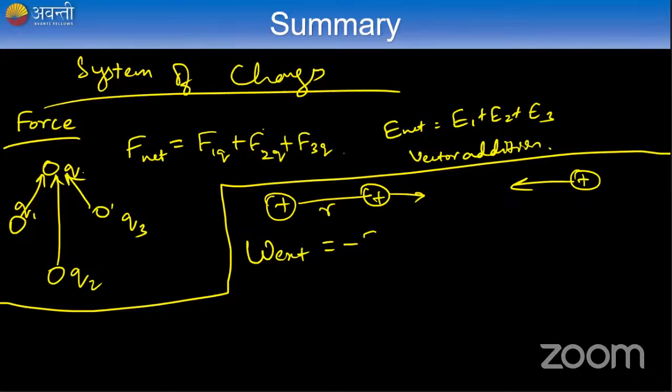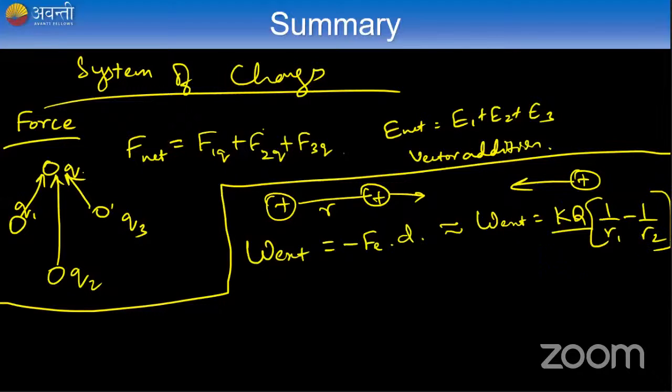It was nothing but minus of Fe times the distance d. So when we simplified, we got W external is equal to K times Q into 1 by R1 minus 1 by R2. So guys, this was the expression for the net external work done.